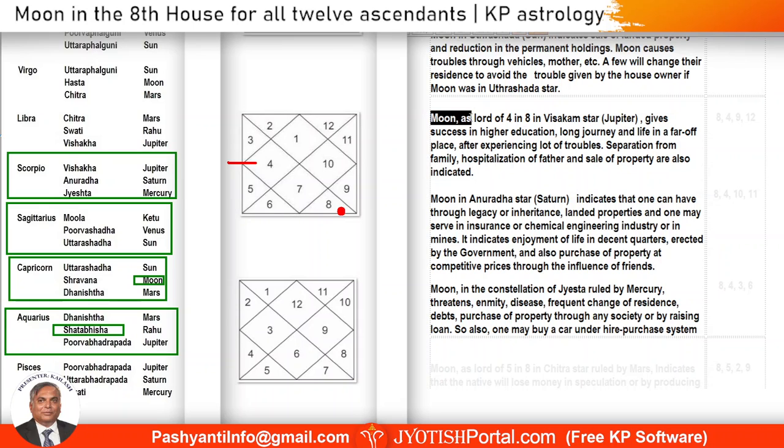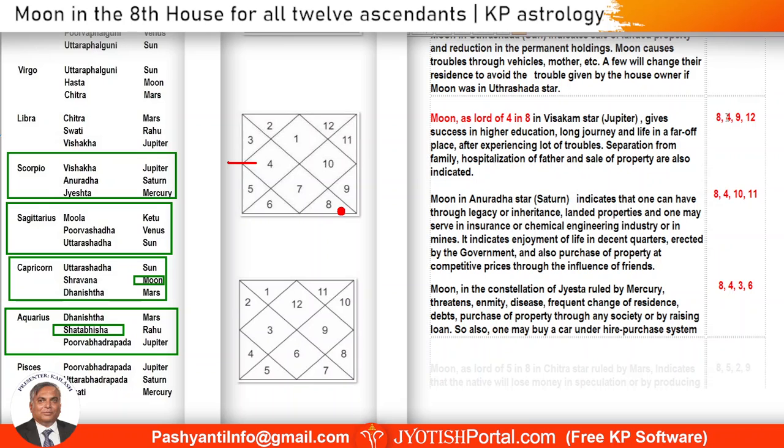Now Moon as lord of 4 in 8. Now the house grouping is, if you look at the first one, 8, 4, 9 and 2. So it says success in higher education.